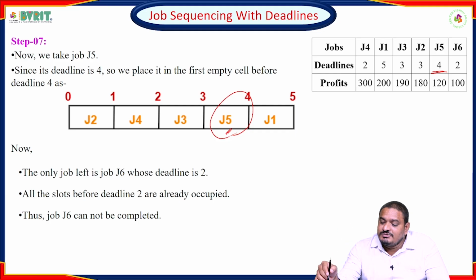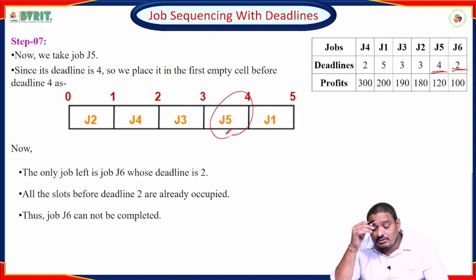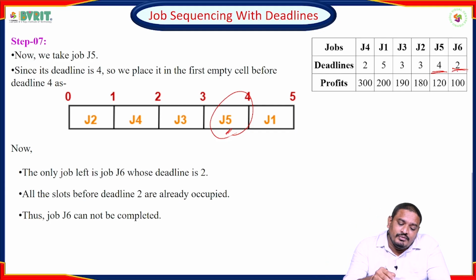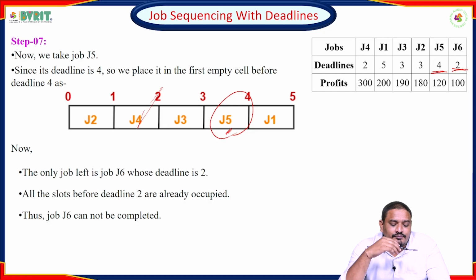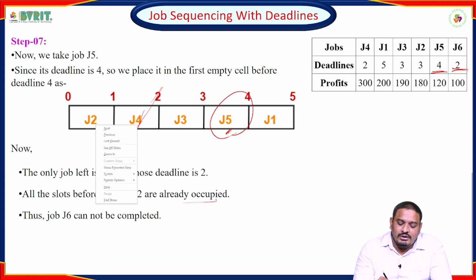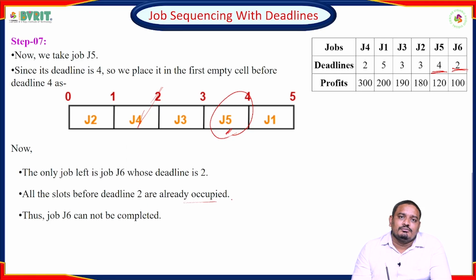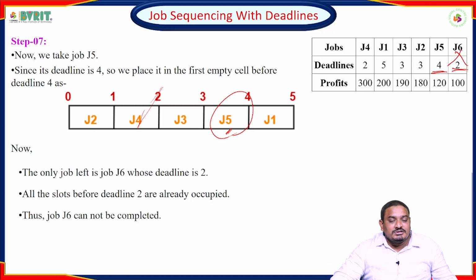Now, the job 6 deadline is 2. The deadline is already over. All the slots before deadline 2 are already occupied. So the job 6 cannot be completed.